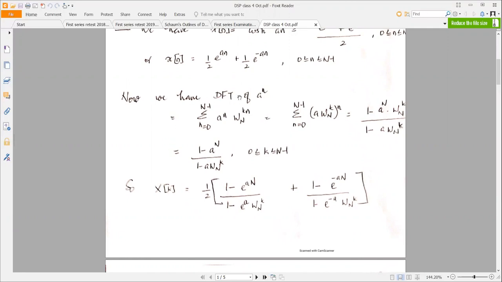To compute the DFT of this sequence, we will look at a result that we had derived earlier, which is the DFT of an exponential sequence.